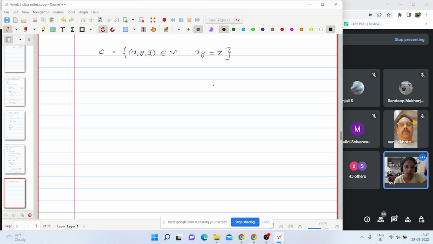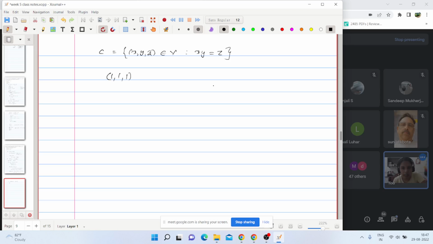No, ma'am. Let us see one example for that. If I take the element 1, 1, 1, this is an element of C because x position into y position should be equal to the z position, 1 into 1 equals 1. So this is an element of C. If I do the scalar multiplication 2 times 1, 1, 1, what is this? 2, 2, 2.